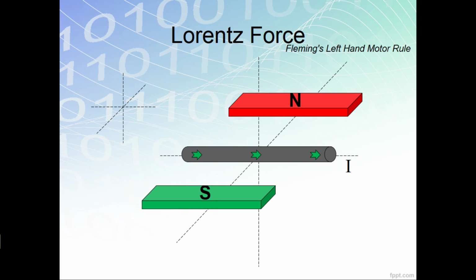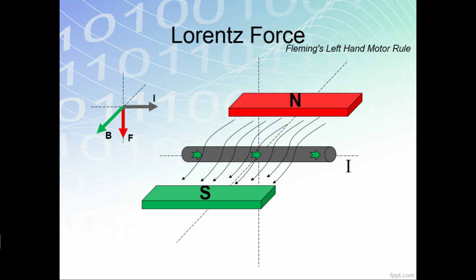Now, what if we change the direction of the magnetic field? The magnetic field will now be going south, and the current will be going from left to right. It is expected that, whereas before it was going up, now the force will be going down.